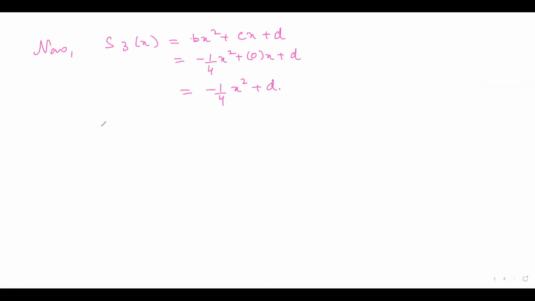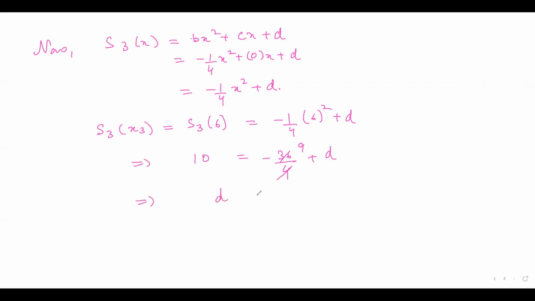So S3 at x3, that is S3 at 6, now I have already calculated the value as 10. So that's minus 36 upon 4, that's 9. So I'm getting my value d as 10 plus 9.